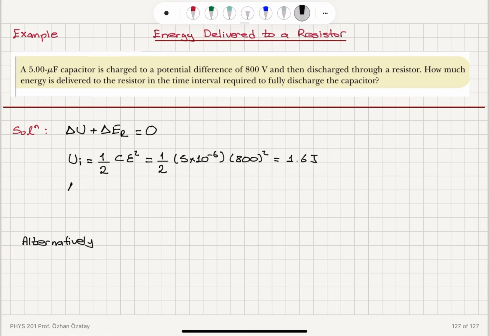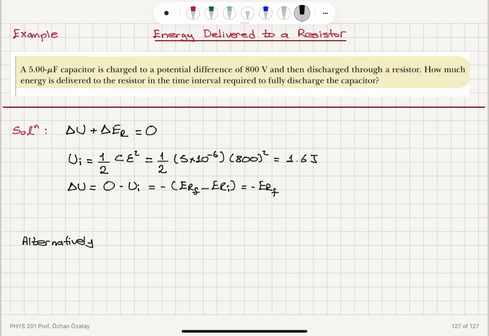Now the change in potential energy of the capacitor is the final potential energy, 0, since it will fully discharge, minus the initial potential energy, which is equal to minus the final energy minus the initial energy on the resistor. Initially there is no energy on the resistor, so this is minus E_R final.